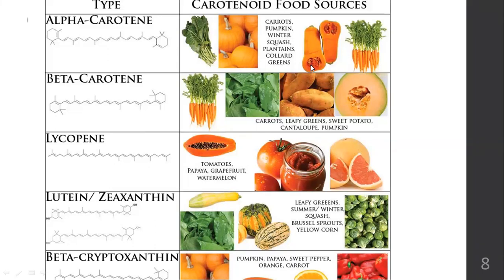So beta carotene, you can see it is found in carrot, it is found in papaya. Which beta carotene do you think will be absorbed better? The carrot one or the papaya one? Yeah, it is the papaya.